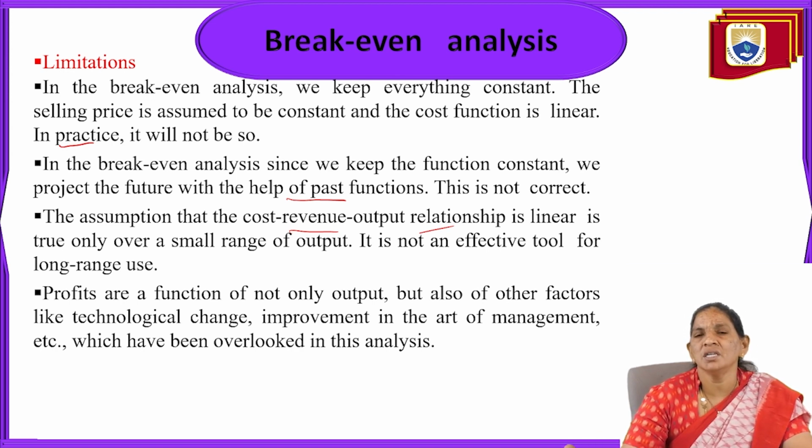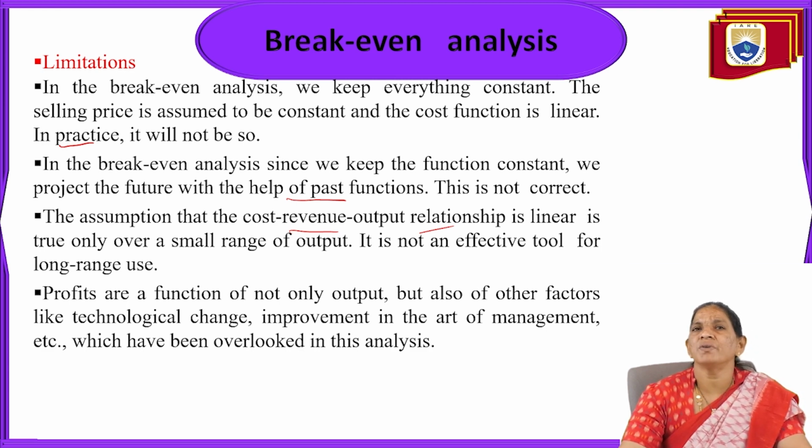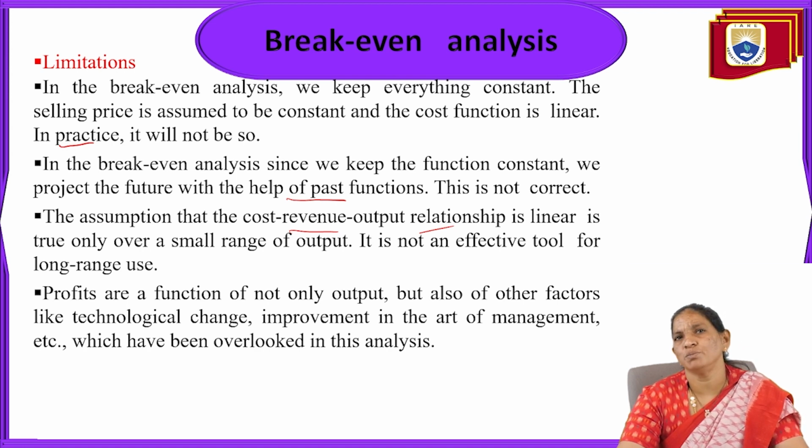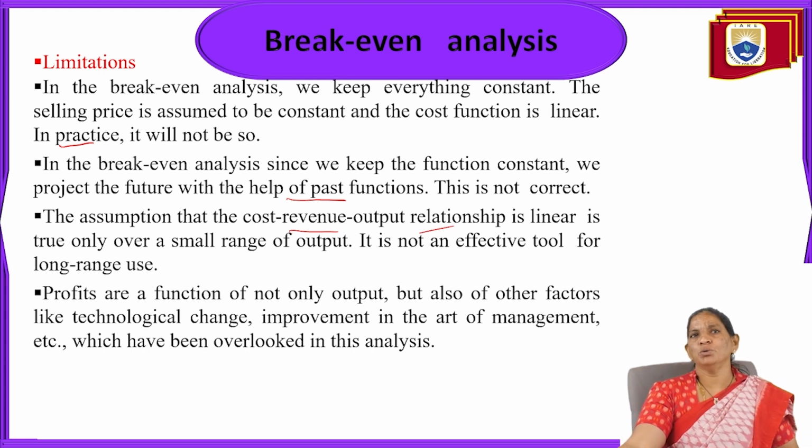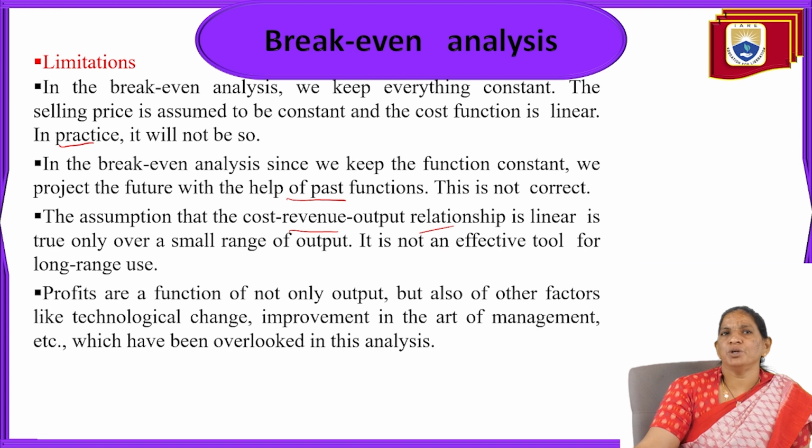When we increase the production, we can't get an accurate BEP when we have a lot of changes. Why? Because as production increases, the dimensions of the factors of production, all the factors, may be variable. In that case, we are sometimes unable to get a correct break-even point.